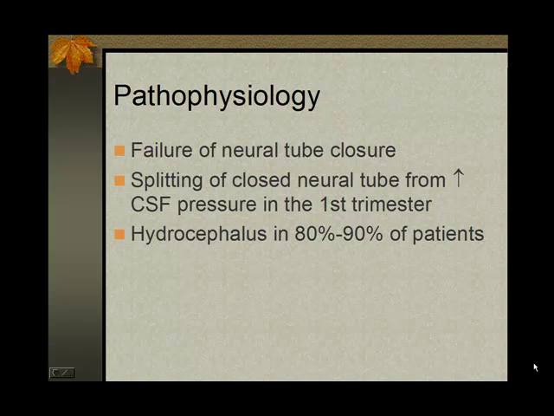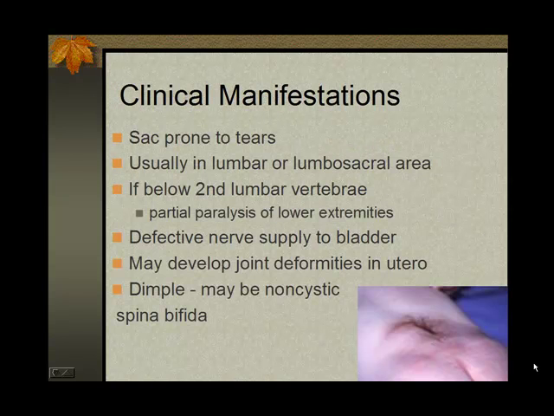It doesn't really matter. Just realize if a baby's born with some sort of neurotube defect, we're probably going to need to put in a shunt. There's probably going to be hydrocephalus. So you can see here the dimple.